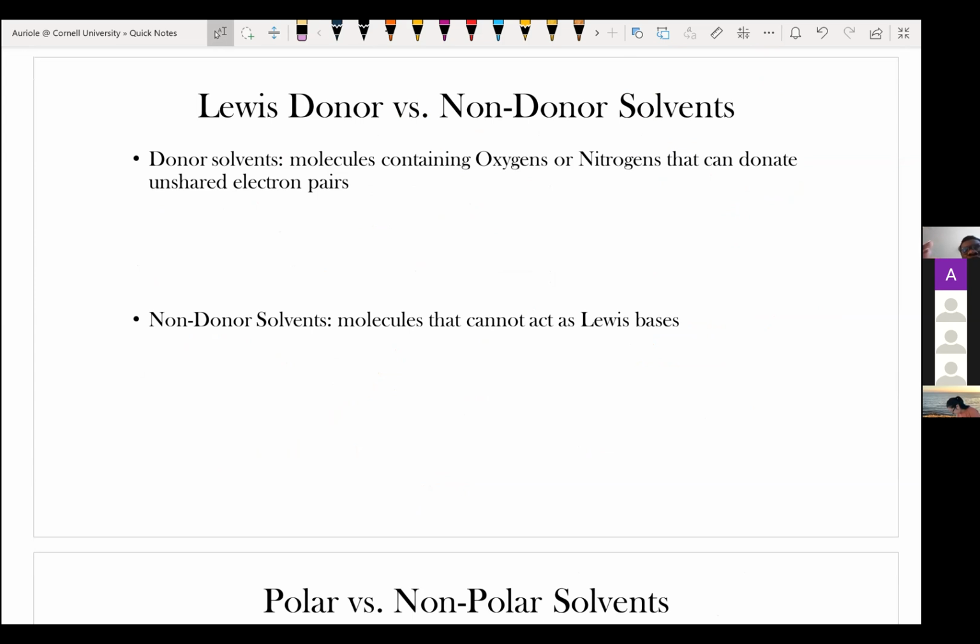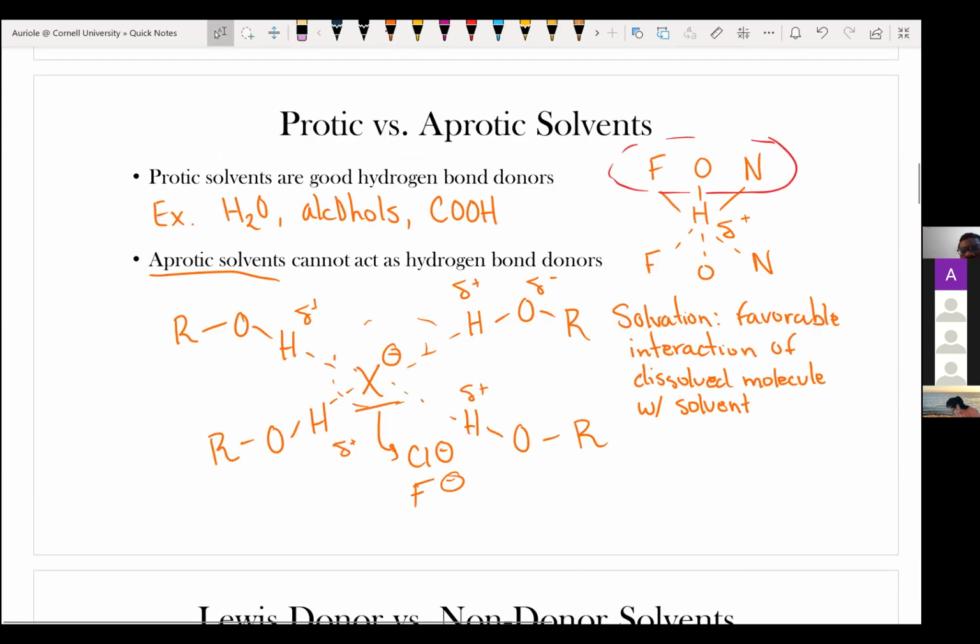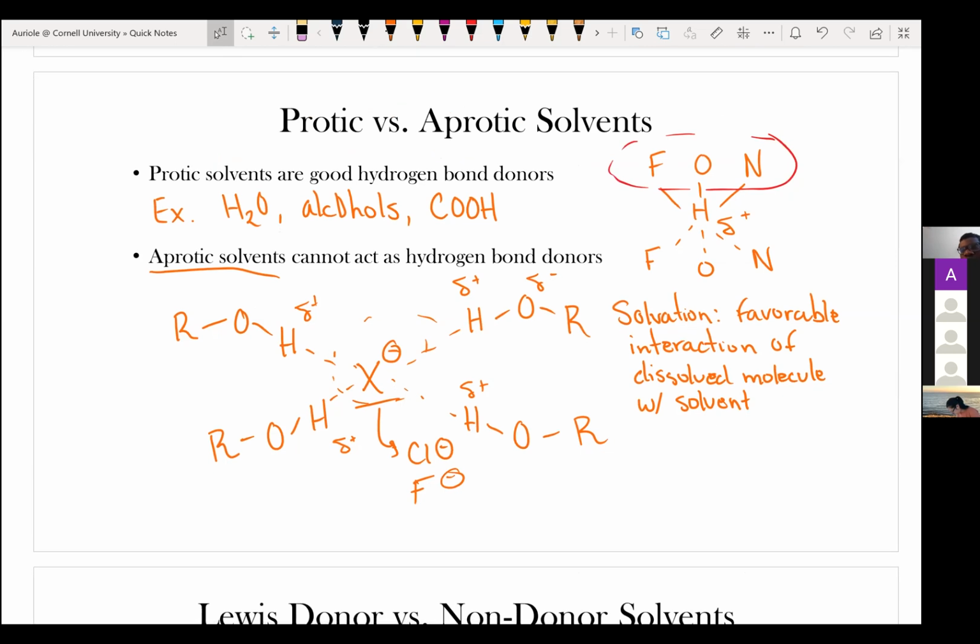I have a question. Sorry. No, you're all good. On the previous slide, so the R group, we're assuming they're less electronegative than the oxygen, right? Yeah, it can just be anything that's less electronegative. It can be a carbon, another hydrogen. Okay, but in that case, would the partial positive charge be shared? Like, would the hydrogen be less partial positive because the R is also sharing that, or no?